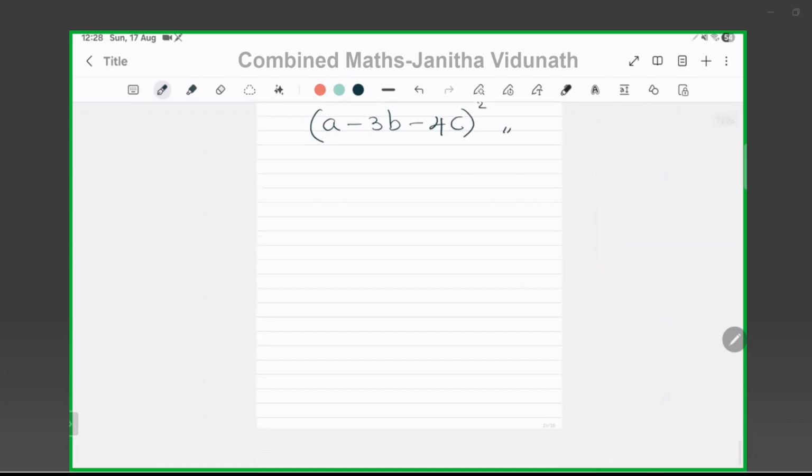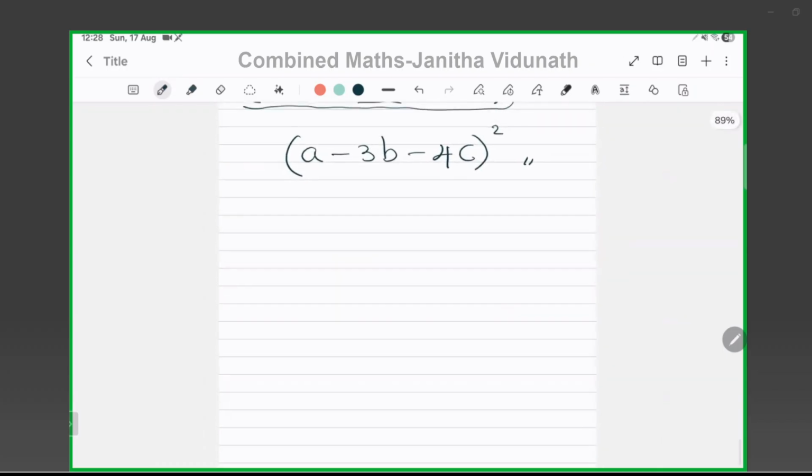Now I will give some questions to try on your own. First one is p square plus q square plus r square minus 2pq minus 2pr minus 2qr.